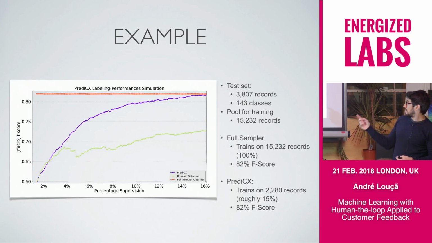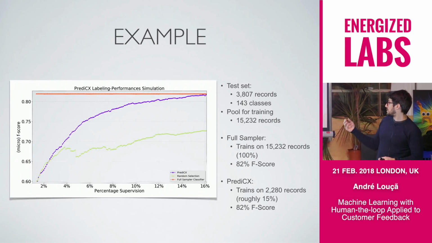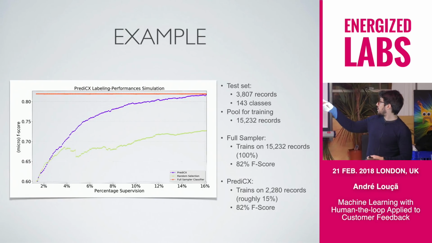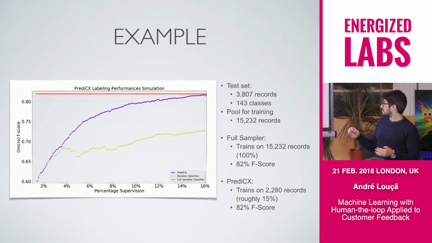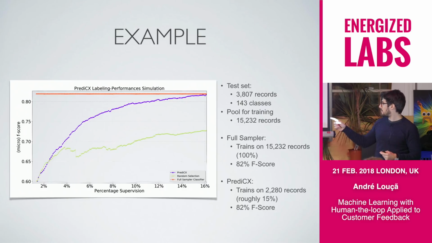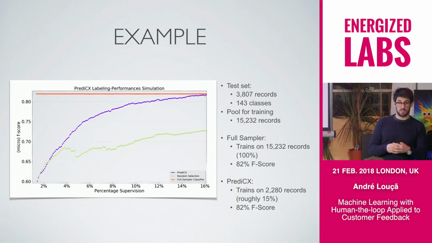What this curve means is that instead of using 100% of the data set, we can achieve roughly 82% F-score, the same, with only 15% of the data set, which is a massive gain.